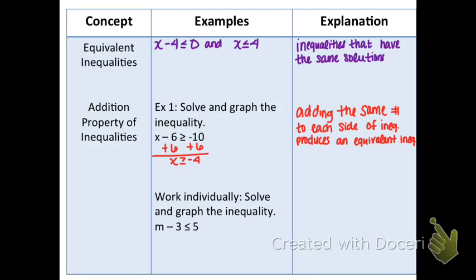Okay, so there's that term equivalent inequality again. An equivalent inequality basically just means the same inequality.